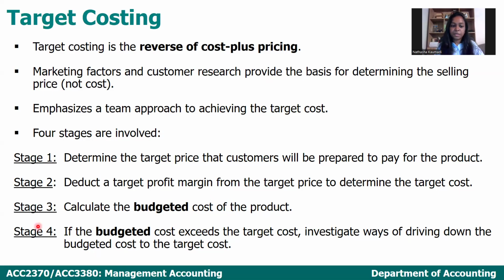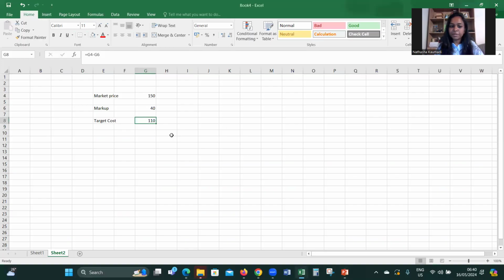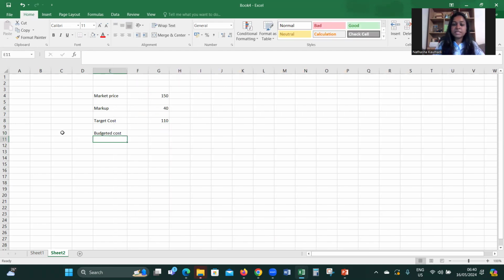Third step, calculate the budgeted cost of the product. Now you know the target cost. If I have to sell my product at 150 and I need a profit markup of 40 rupees, at least my cost should be 110. Now you are actually producing the product, so you have to incur direct material cost, direct labor cost, maybe other direct cost, and overhead cost.